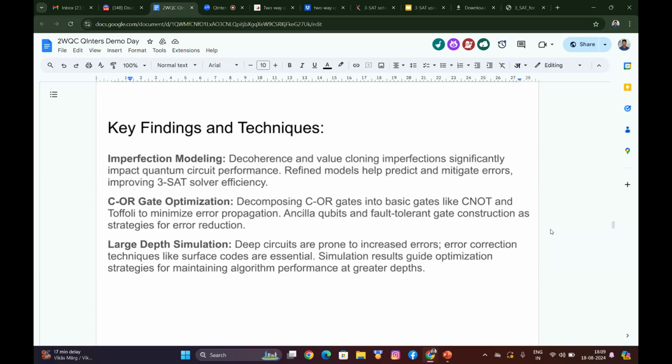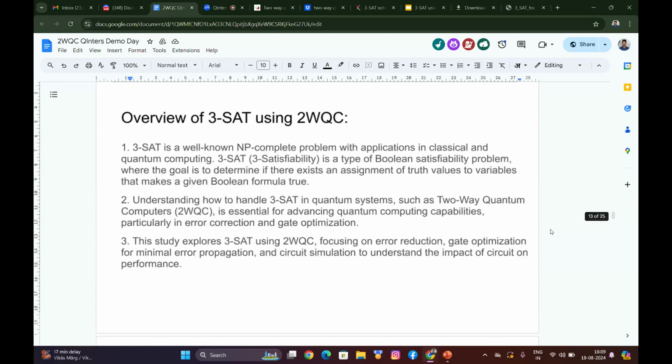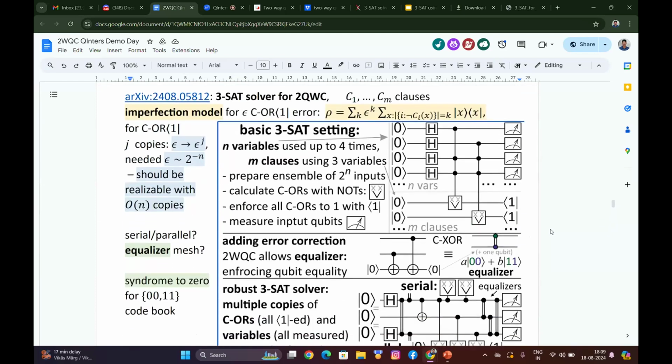The simulation will guide us to maintain the algorithmic performance at greater depth. So this is the paper which was already published by our professor, Jarek. It's on arXiv, but there are still some future works which we will be working on.